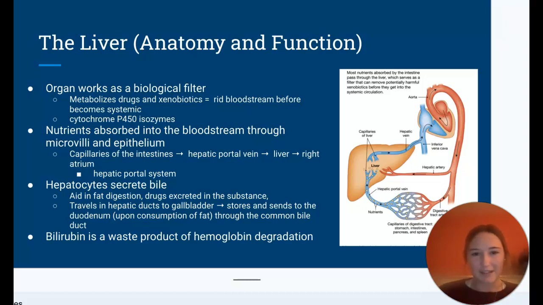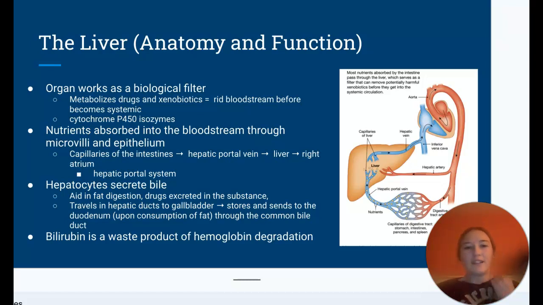So that happens through cytochrome P450 isozymes, and then it travels from the capillaries of the intestines to the hepatic portal vein to the liver, and then as it gets filtered, that blood moves to the right atrium so that those drugs don't become toxic to us and don't reach circulation and cause other problems in our body.